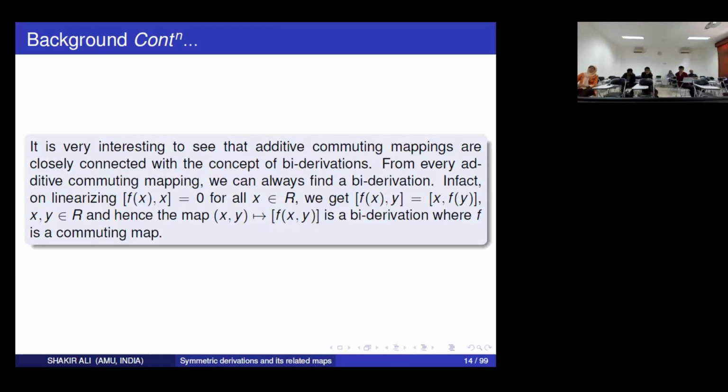Maybe you can search on Google. This theory is due to the notion of derivation in rings and the theorem by Posner's second theorem, because he said: if D is a derivation and satisfies the condition.